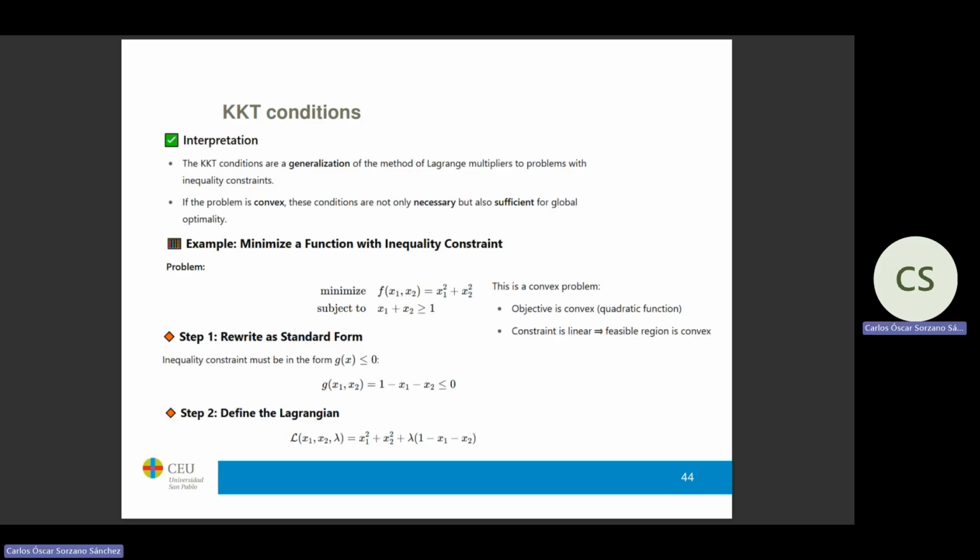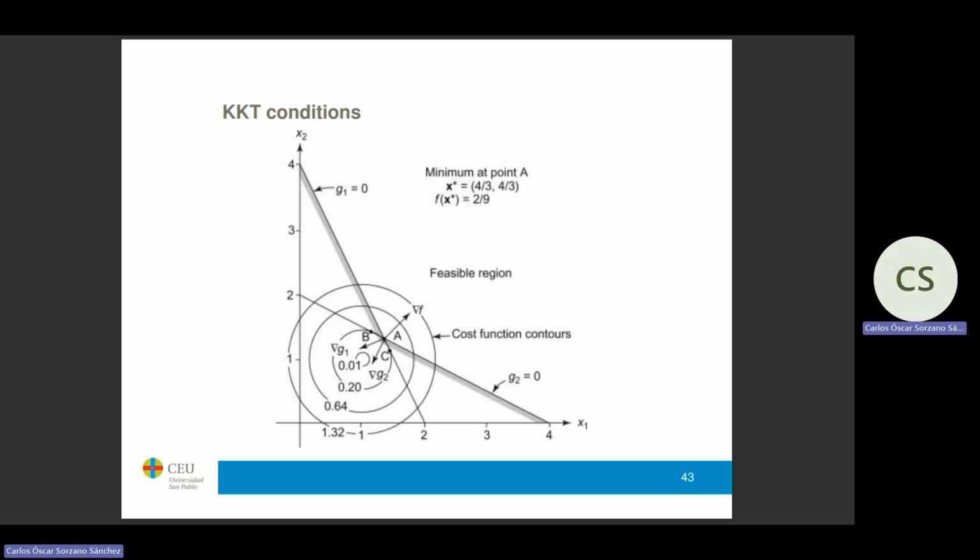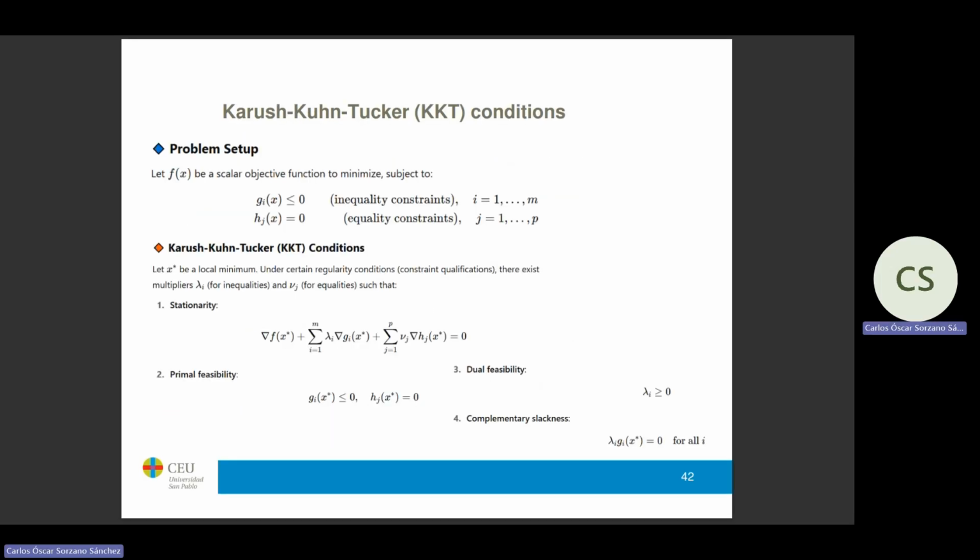We know that in a convex problem every local minimum is also a global minimum. If the problem is not convex, all minima have to fulfill these conditions, but not all the points that fulfill them are necessarily minima.